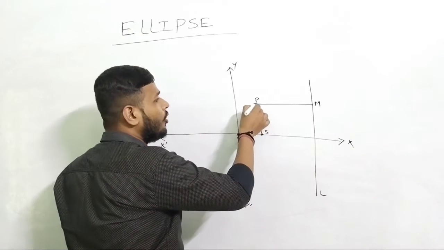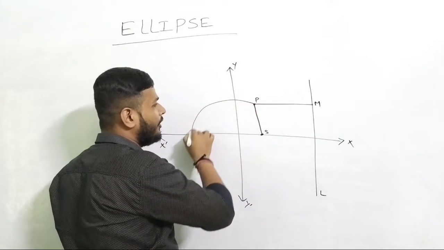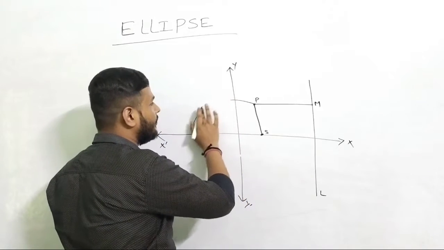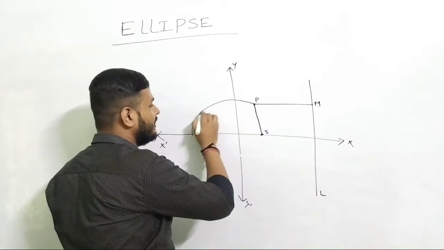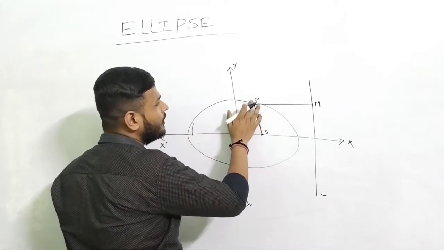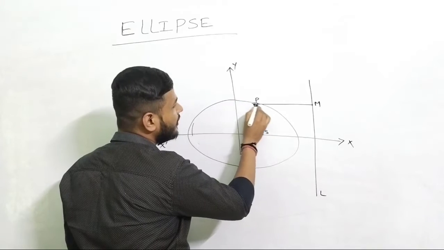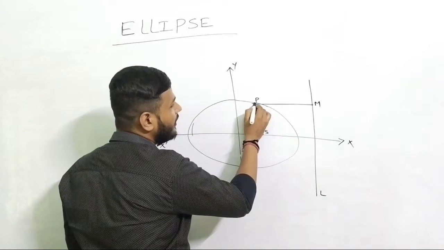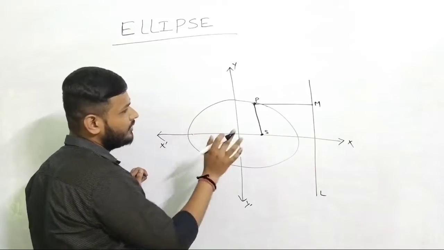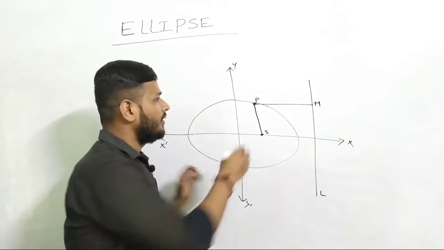Then the locus traced out by the point P is known as an ellipse. We draw an ellipse. The ellipse looks like this.